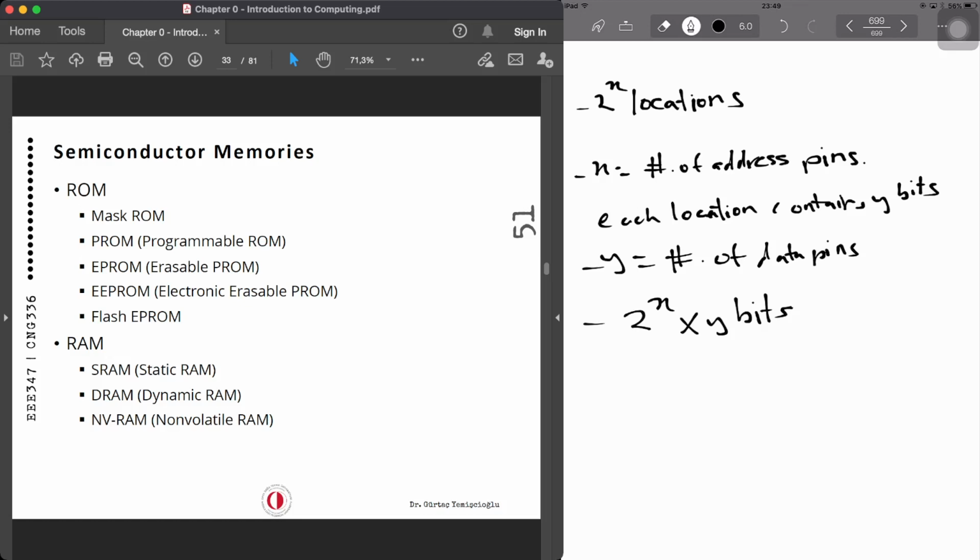One of the most important characteristics of a memory chip is the speed at which the data can be accessed. This is an important performance metric. In order to access the data, the address is presented to the address pins, the read pin is activated, and after a certain amount of time has elapsed, the data shows up at the data pins.